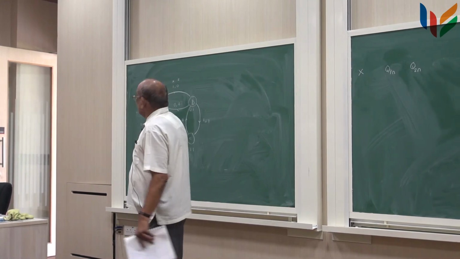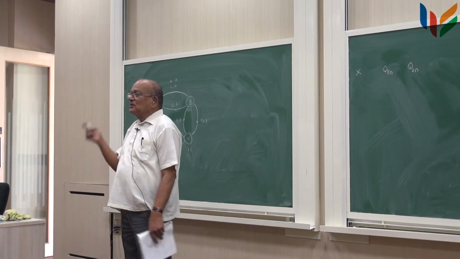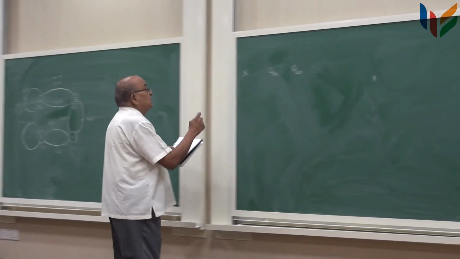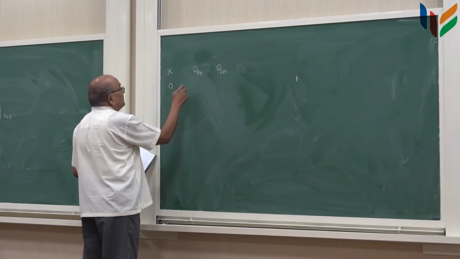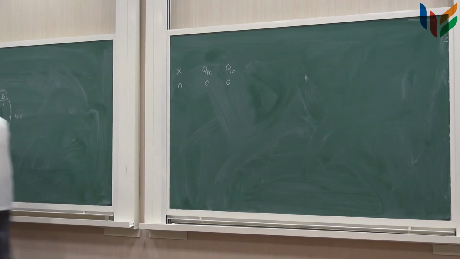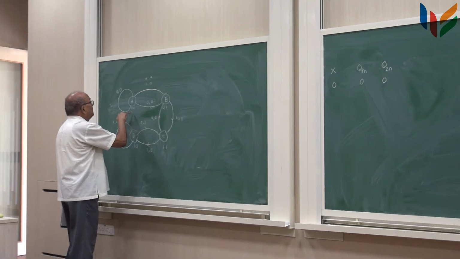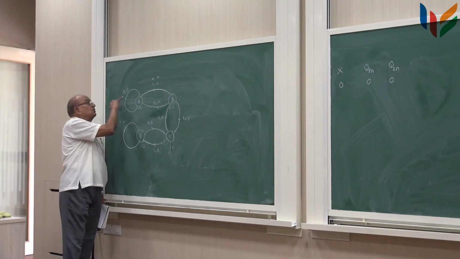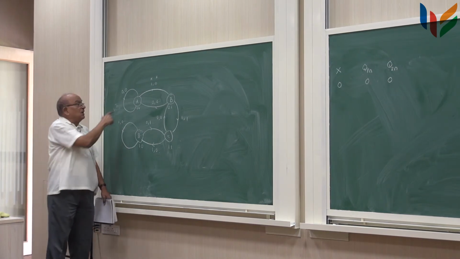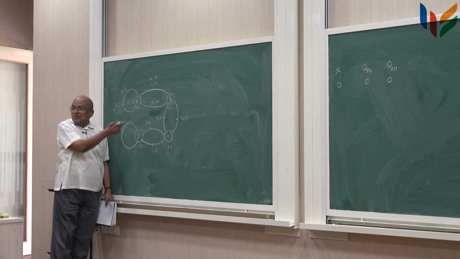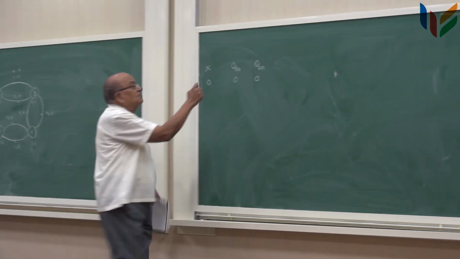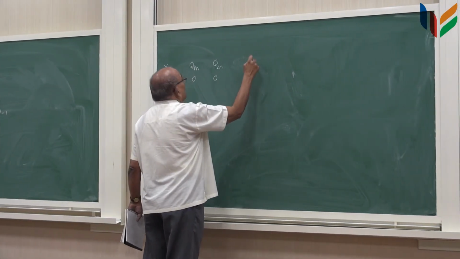So these are the outputs of the two flip-flops at instant n. If the input is x, and this fellow is sitting at 0 0, and the input x is 0, then what is the new state from this diagram? 0 0, right? Same state, no change in state. So the output will be 0 0. Output here means new state.